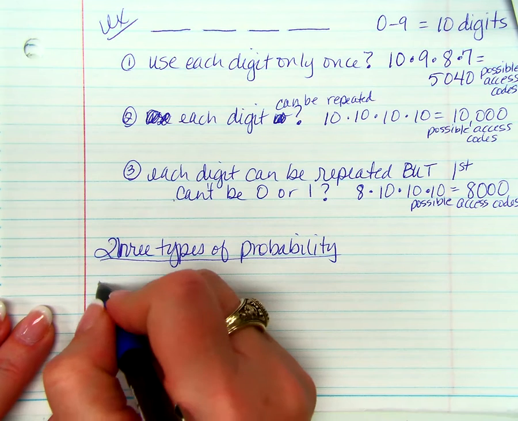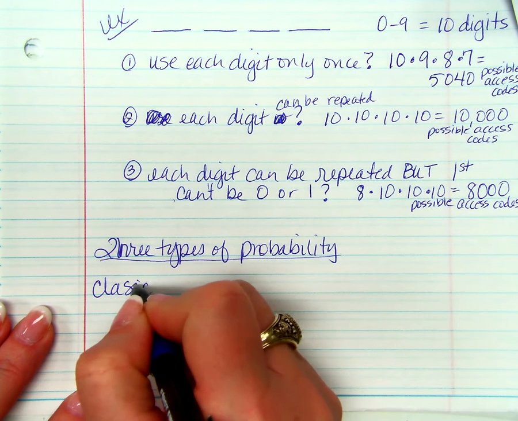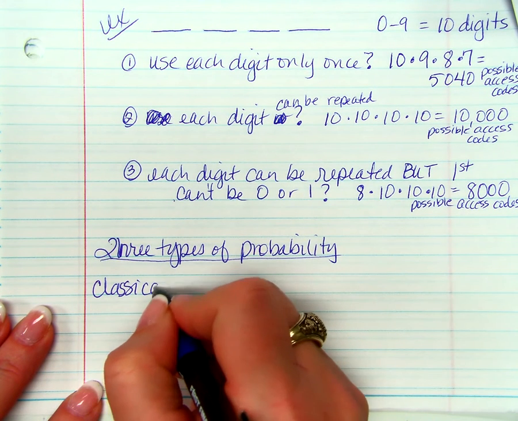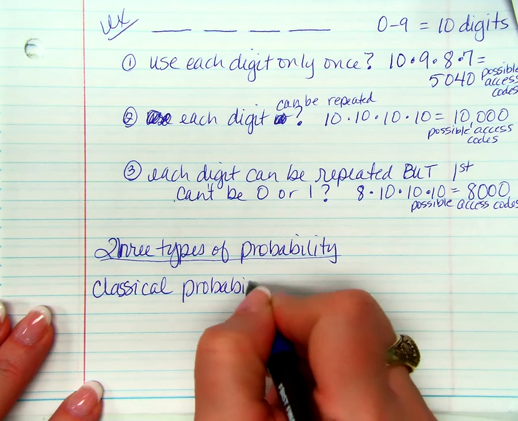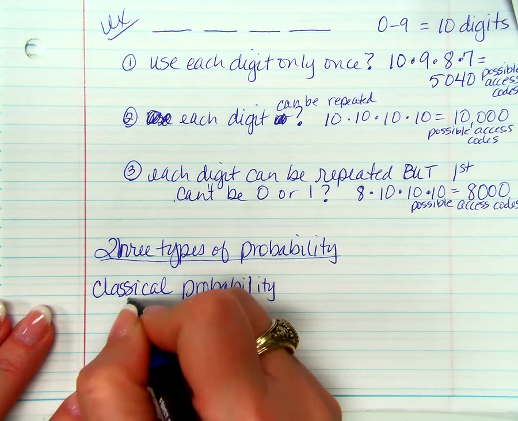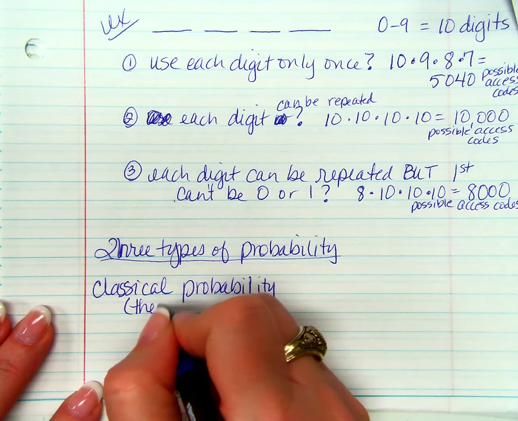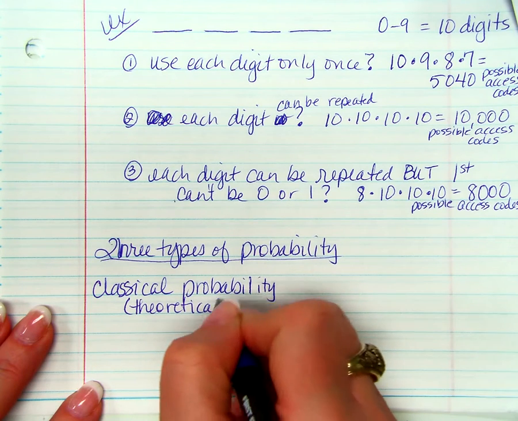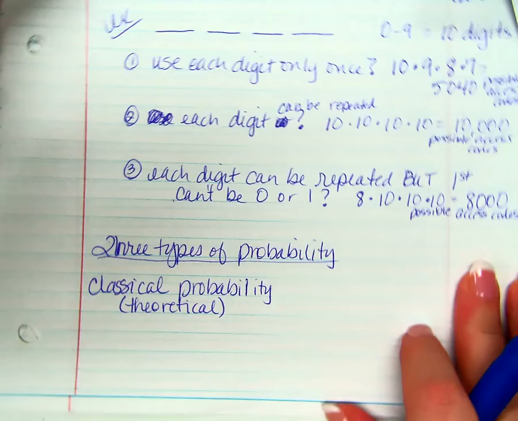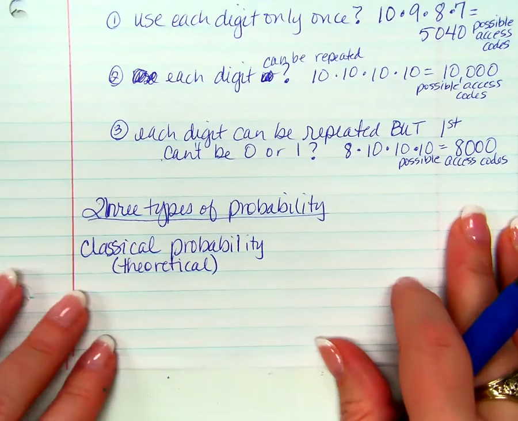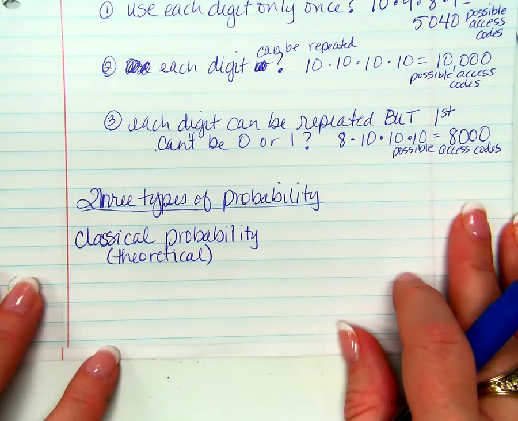The first type is classical. It's also known as theoretical. And when I first learned it, I called it theoretical, so chances are I'm going to call it theoretical more often than I will classical. Just so you know. Okay?